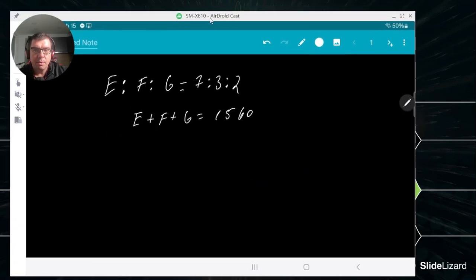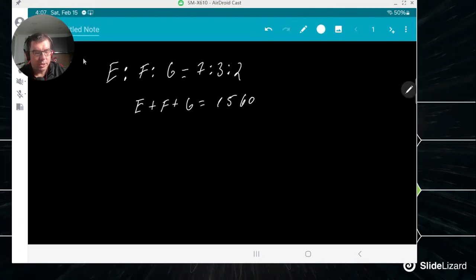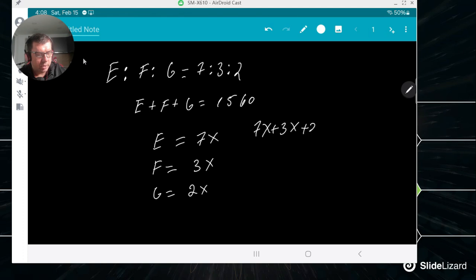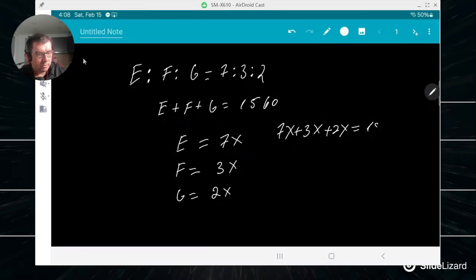That means that we can write the following equations. The number of students that learn English will be 7x. Those who learn French will be 3x. And those who learn German will be 2x. And now we substitute those values in the sum and we get an equation for x. 7x plus 3x plus 2x equals 1,560.